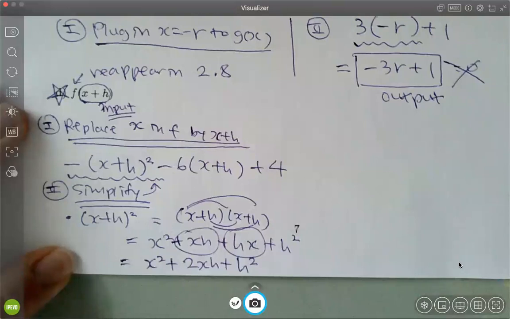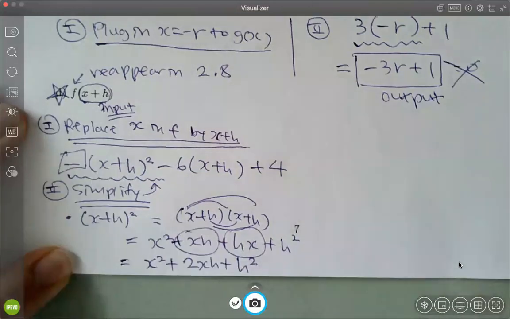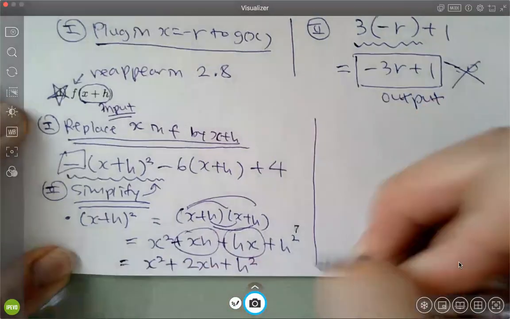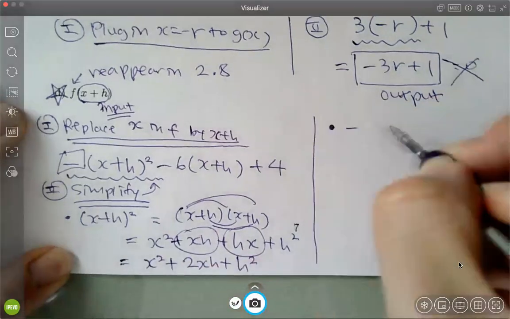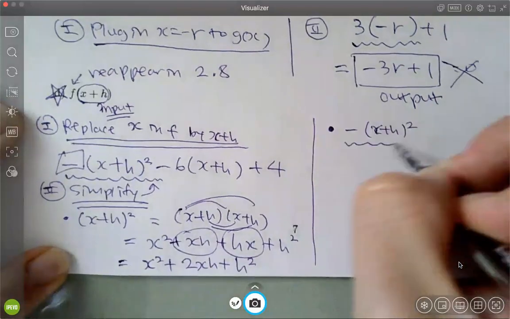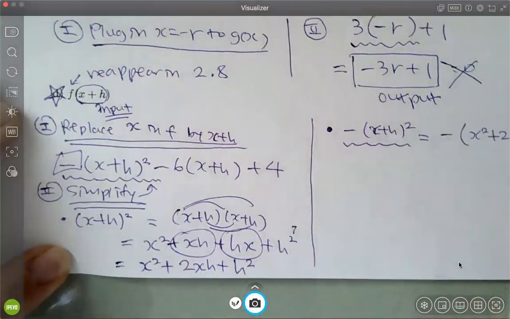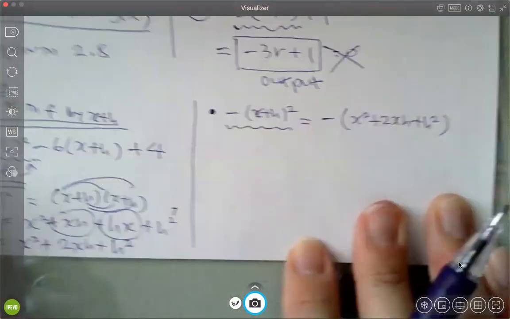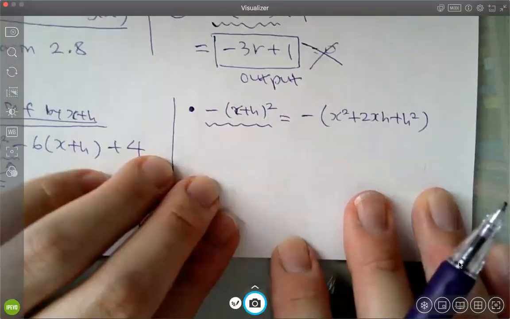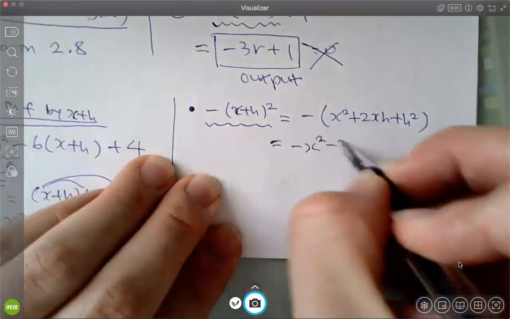Now, where is this negative sign? In front of what? So this means negative and then x squared plus 2xh plus h squared, right? It's in front of everything, right? Do you see that? Okay, so how do you clear parentheses? Negative x squared minus 2xh minus h squared, right?